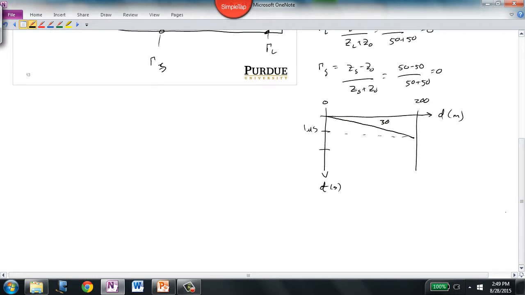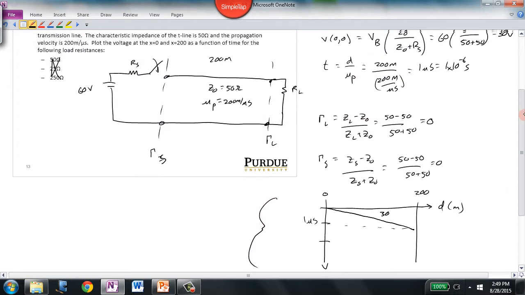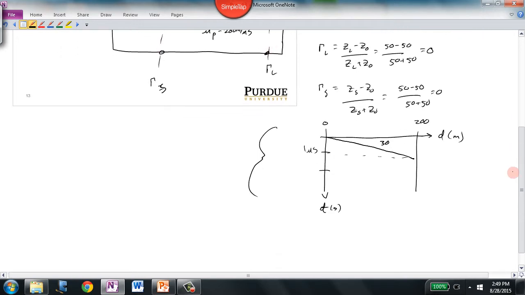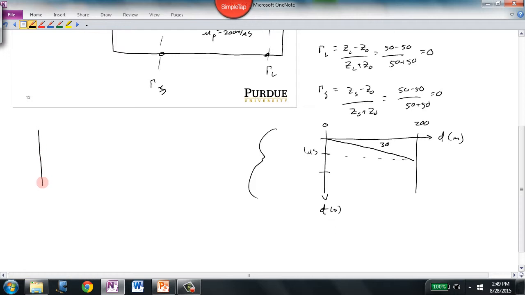We were asked in the problem statement to plot the voltage at the input end of the T-line as a function of time, and at the load end of the T-line as a function of time. So we use the bounce diagram to do that. This will be V of 0, t, the input end of the transmission line.